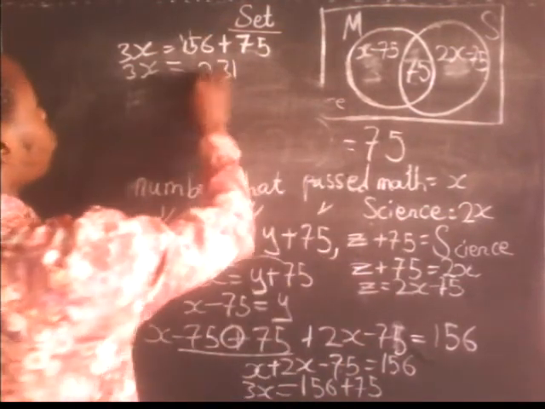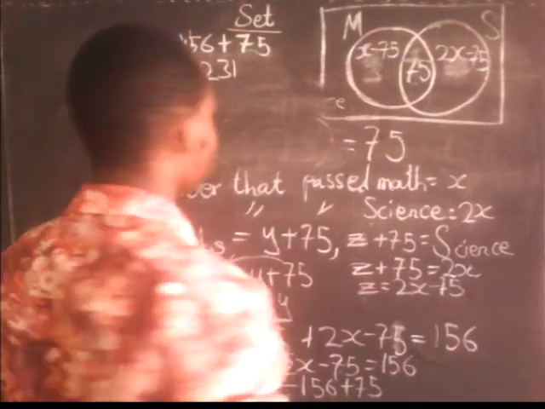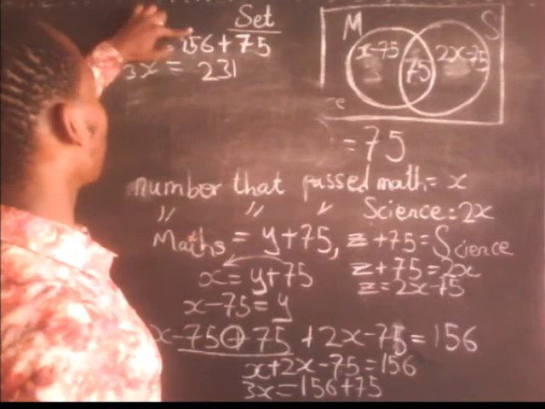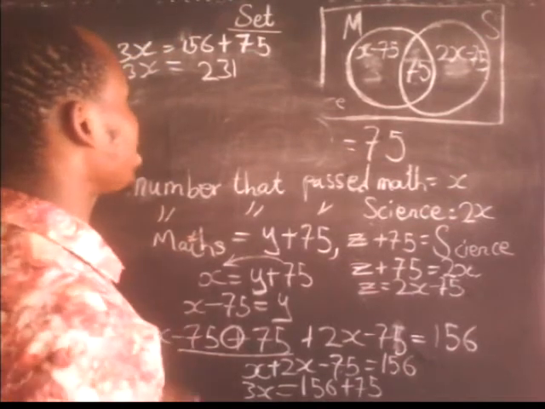This gives me 231. So my result here is 231 if I add 156 plus 75.